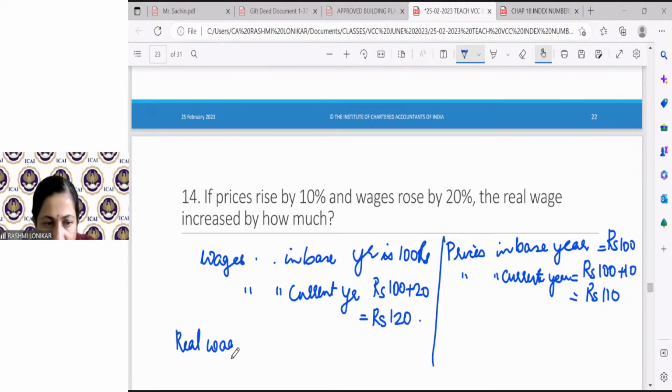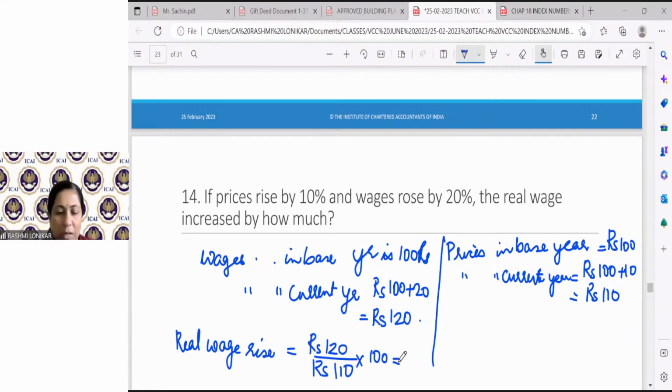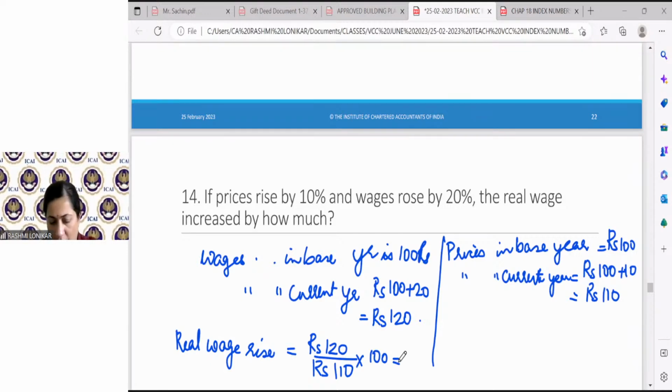Real wage rise will be equal to rupees 120 upon rupees 110 into 100, which is equal to how much? 120 divided by 110 is equal to 109.09%.